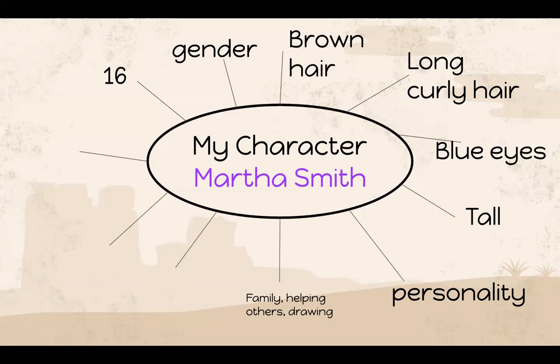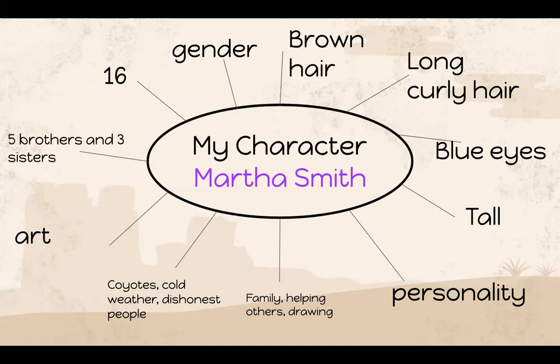She loves spending time with her family and drawing. Some of her things she dislikes are coyotes, cold weather, and dishonest people. She enjoys art a lot. She has 5 brothers and 3 sisters. This is an example of one I did. And again, if you haven't posted yours to Seesaw yet, please do that now so that I can take a look.